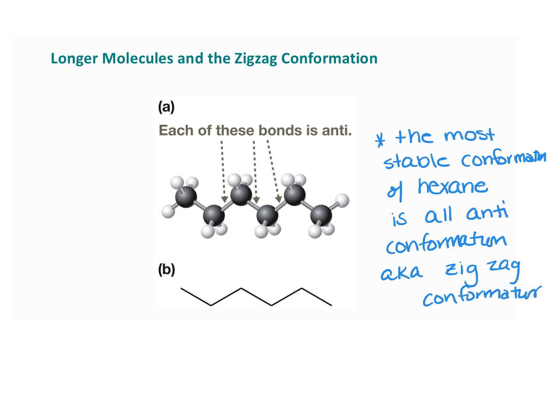And so that's why we draw it this way. Hexane takes this conformation where everything is anti to help reduce some of those steric interactions. And so when we draw something in a zigzag like this, it's because that's the form it tends to take, because each of those bonds is anti.